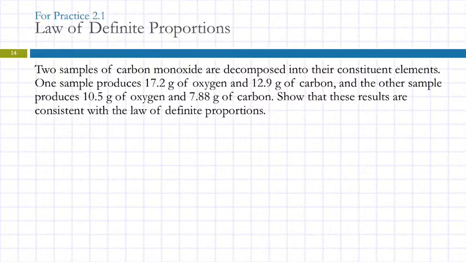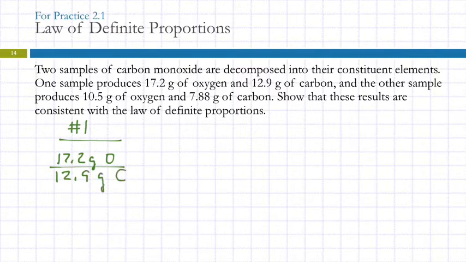The law of definite proportions says that the ratio of oxygen to carbon in each of these samples should be the same. We don't need to know chemical formulas or molar masses or anything like that. So we've got sample number 1, and that one has 17.2 grams of oxygen, and I'm going to divide it by the mass of carbon, 12.9 grams of carbon.